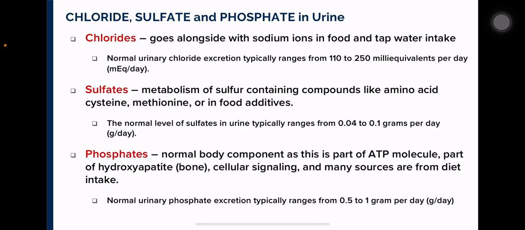Their normal reference range is 0.04 to 0.1 gram per day. And lastly, phosphates are related to diet, ATP, and bone metabolism. The normal reference range is 0.5 to 1 gram per day. These levels may vary with diet, metabolism, and the renal health of your patient.